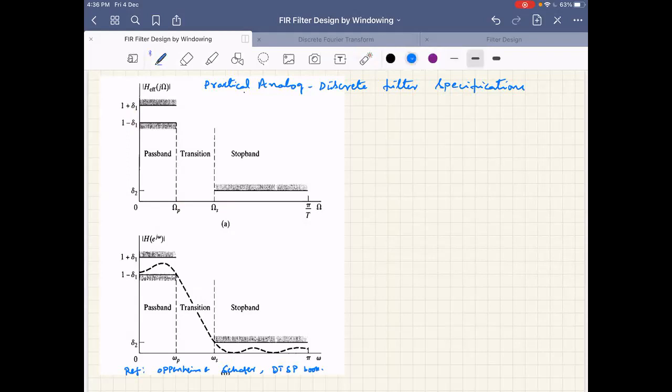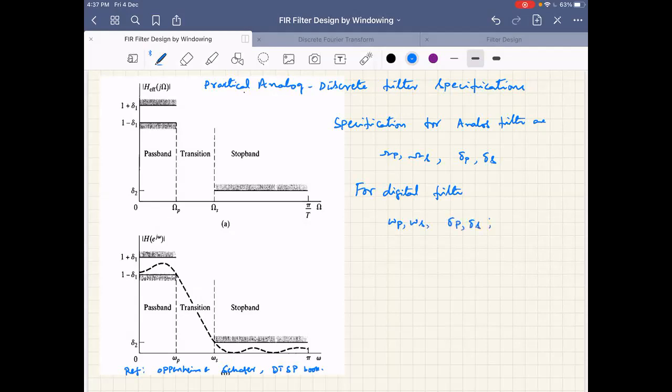So please note that the specifications for the analog filter are capital omega p, capital omega s, and delta p and delta s. Whereas for the digital filter, as we have seen before, these are omega p, omega s, delta p, and delta s.